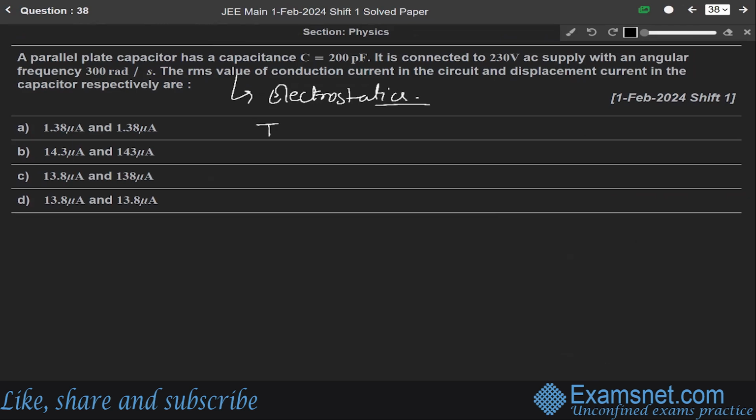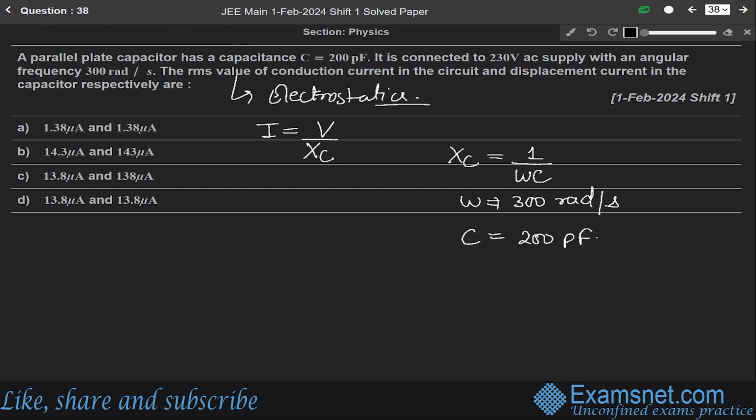Since current I is equals to voltage over XC, this XC is equals to capacitive reactance. It is equals to 1 over omega C. Omega is given as 300 radian per second, and capacitance is given as 200 picofarad, and V is given as 230 volt. So just put this value and we will get the conduction current in the circuit.